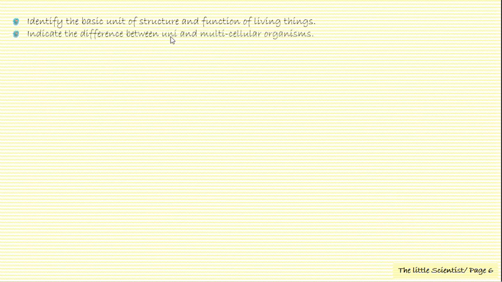We said that the cells are the basic unit of structure and function of all living things. Don't forget, people, animals, and plants are living things, and they are made of building blocks called cells.